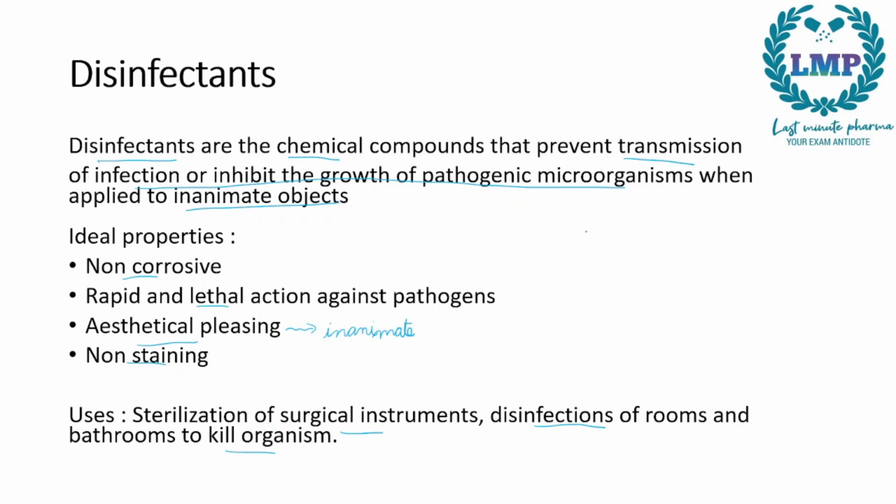Now you may ask, what is the difference between an antiseptic and a disinfectant? The major difference is that antiseptic is applied to living tissue, whereas disinfectant is applied to inanimate objects.